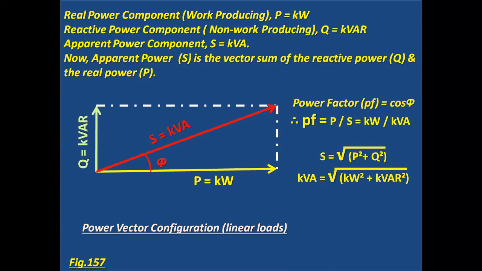Apparent power is the vector sum of the reactive power Q and real power P. Power factor equals cos phi, that is power factor equals P by S, that is kilowatt by kVA. S equals root over P square plus Q square, that is kVA equals root over kilowatt square plus kVAR square.